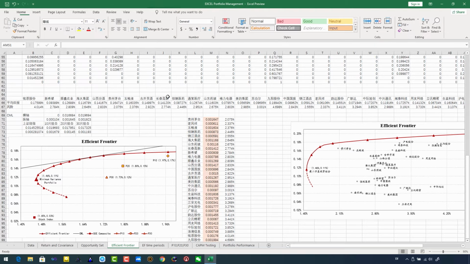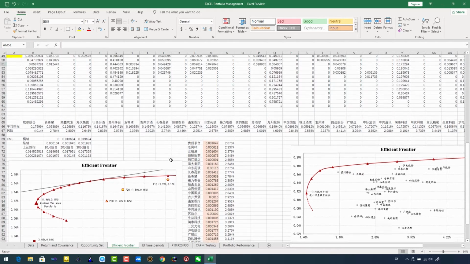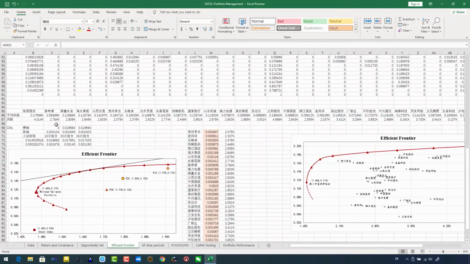And then you need to draw your capital market line. This line is your capital market line, from the risk-free rate to your market portfolio. The way you can do it is, first, you need to write down your risk-free rate.